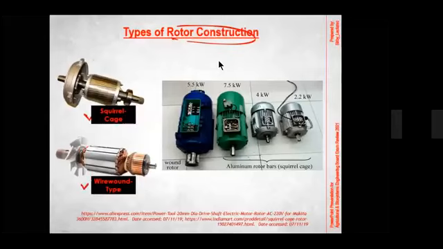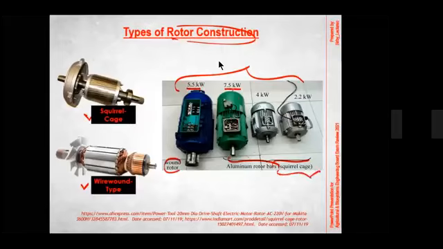Okay, now for the types of rotor construction, we have the squirrel cage and the wire wound type. The difference is that in this rotor design, this one has windings, whereas this one is not a winding, or not wire wound. And right here we have different sizes of electric motors, 5.5 and 7.5, which show the difference between wound rotors and squirrel cage.